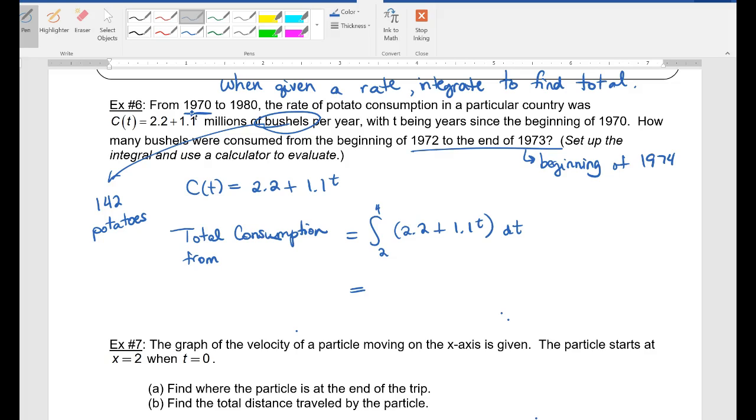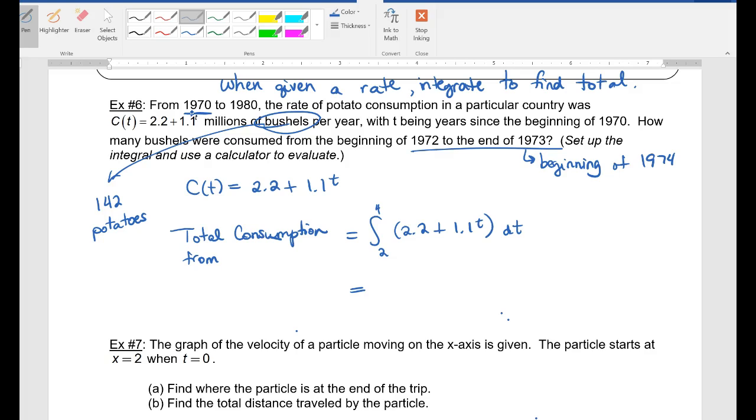This is an exponential function, which makes sense, since they're saying that as the years went on, the potato consumption is growing exponentially. So over here at 1978-79 has a much larger consumption than in the beginning years. Make sense? Take the example of a water tank that's leaking.